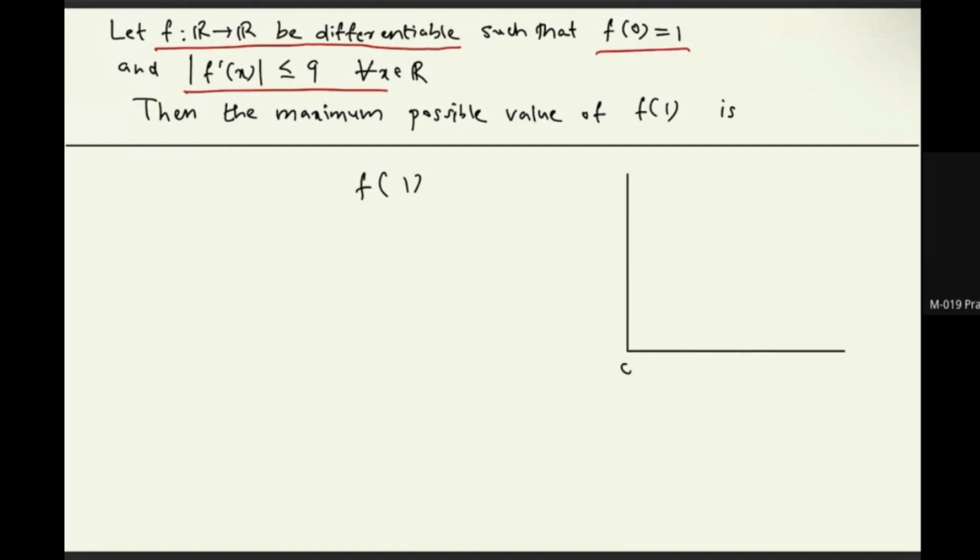I'll draw the graph. At 0 they have given 1, right? f(0) is 1. They're asking about the value at 1, which I am writing a little deeper. So they are asking about what the value is here. The condition they have given is that the absolute value of the derivative is less than or equal to 9.